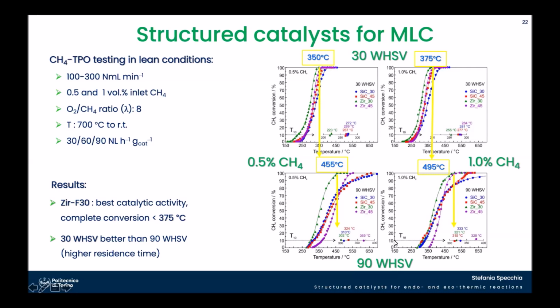We were really attracted here because, as you can see, the performance is very similar for all the monoliths except for the zirconia, which is also here not very well performing, whereas at a high temperature, yes.